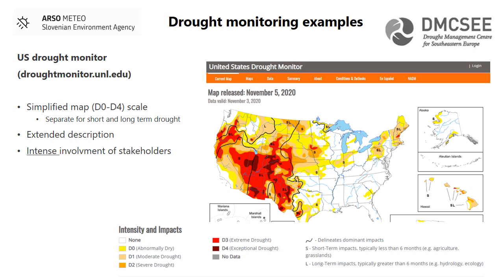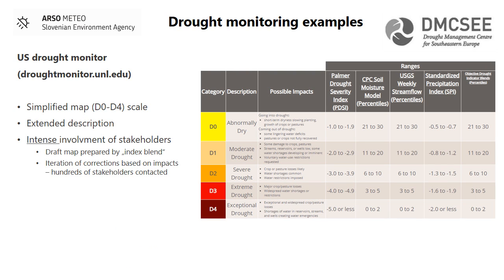So as I said, at first glance it seems that it's a very simple map. However, it was intentionally done so that all possible drought indices and indicators, as you can see them listed here in the columns, are blended into one combined drought scale.